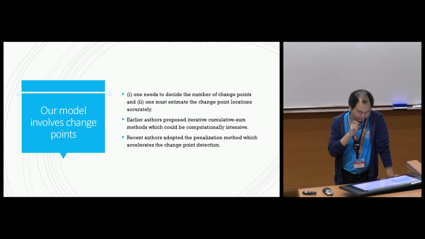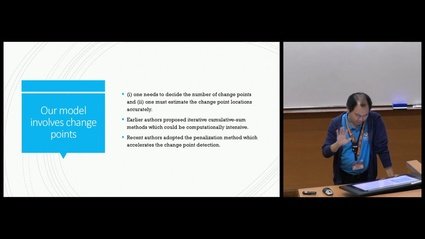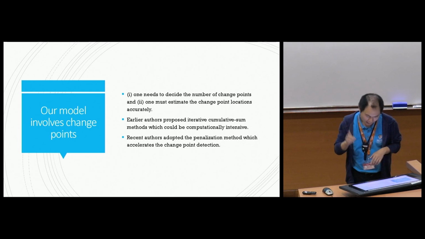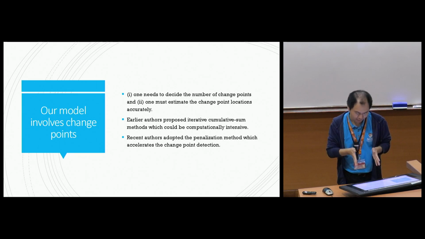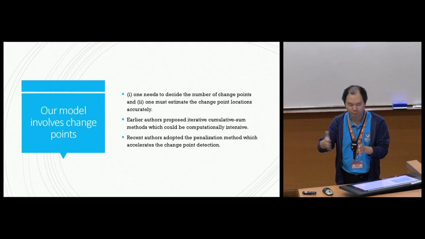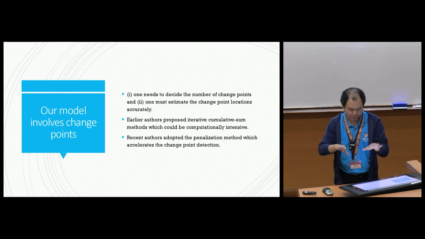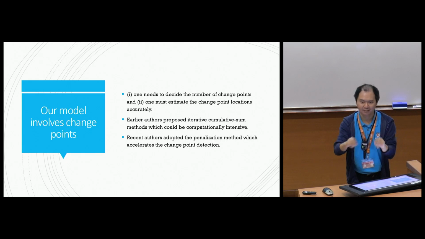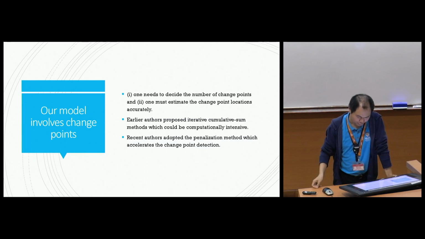Even in the change point literature, many important methods have been proposed. One very popular type is the cumulative sum methods, which are also a kind of binary segmentation method. They use iterative cumulative sums, repeatedly dividing the interval into two parts and splitting.